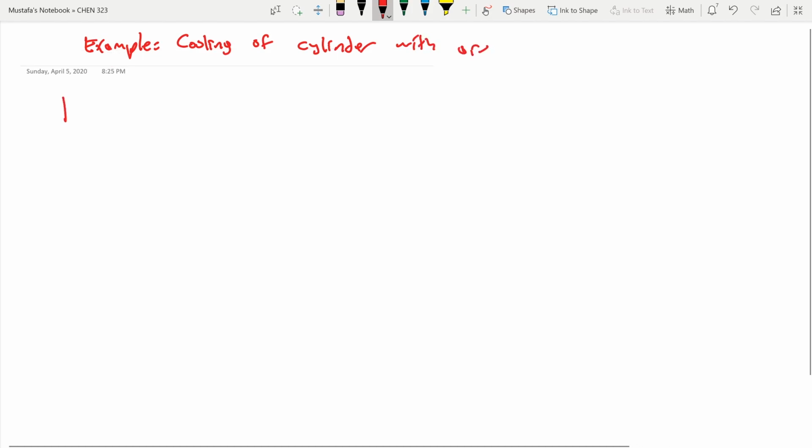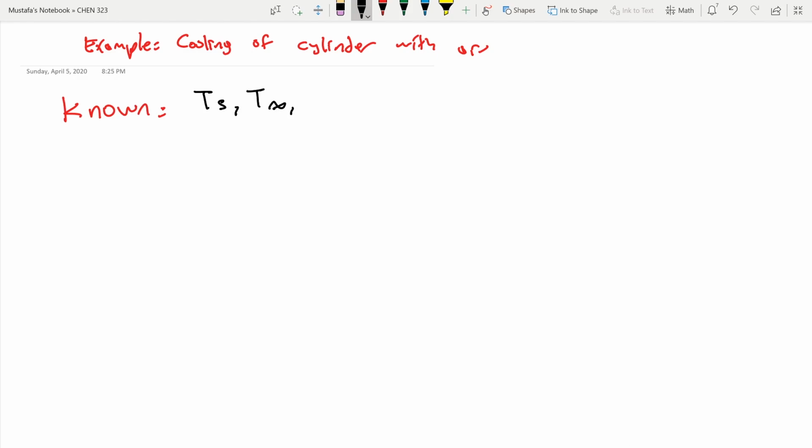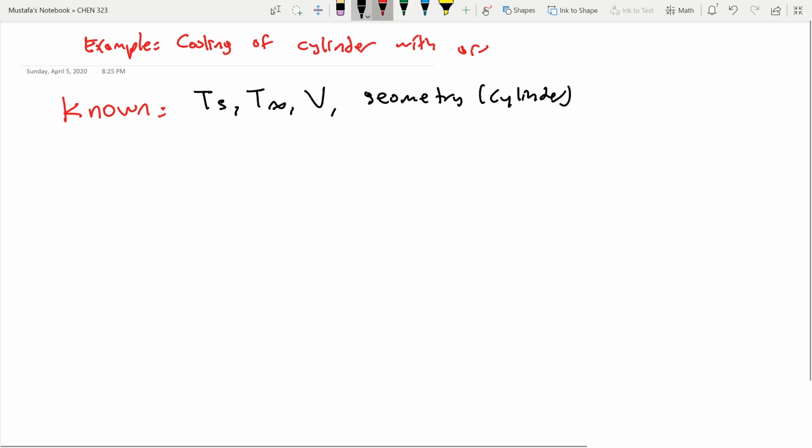So let's start to list what we know. What are the knowns? The knowns are, we know the surface temperature, we know the fluid temperature, we know the velocity of the fluid, and we know the geometry of the problem. This is a cylinder, as we mentioned multiple times. Our goal is to find Q convection.